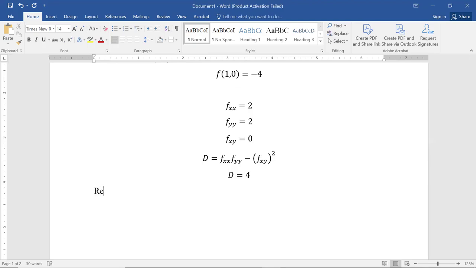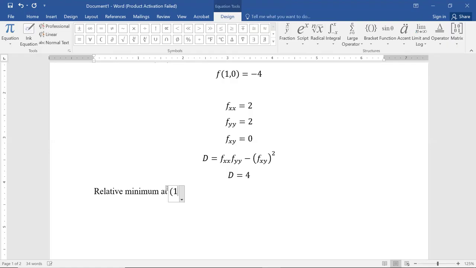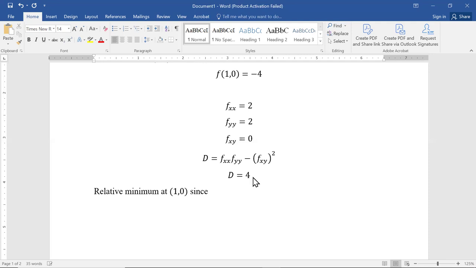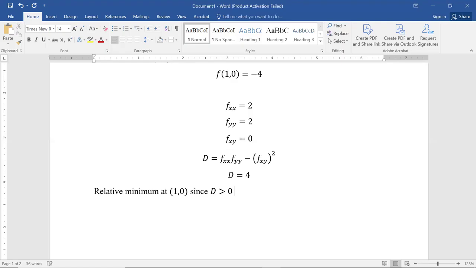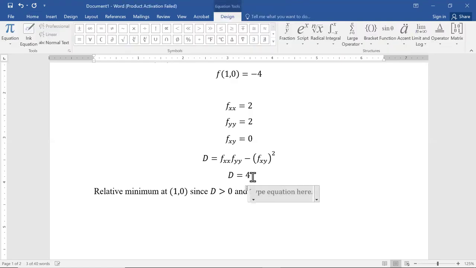So based on what we saw before, we have a relative minimum at the critical point (1, 0), since, like I said, D is positive, 4 is greater than 0, and f sub xx at the point is also positive, greater than 0.